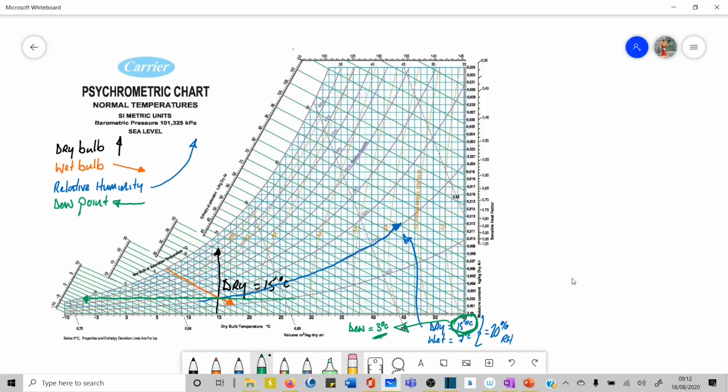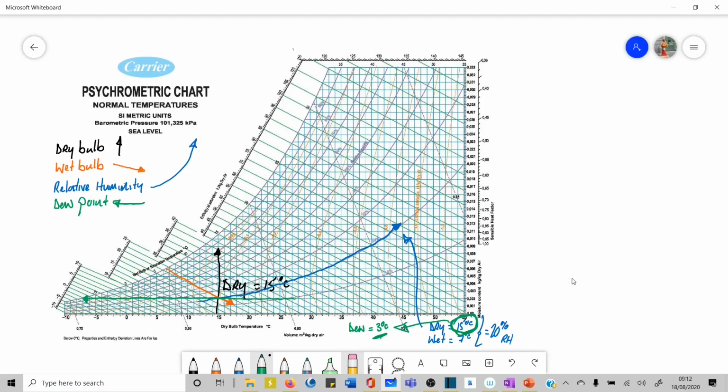Okay. Right, so what we need to do then, we're going to look at the sling hygrometer and take a quick look at how those work, how we get the readings, and then we're going to do a quick example. In the next session, we'll be looking back again at the psychrometric chart, but what I will do is give you a link for where you can get a good psychrometric chart for you to practice with.